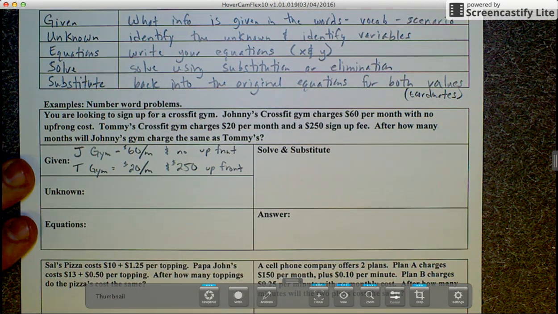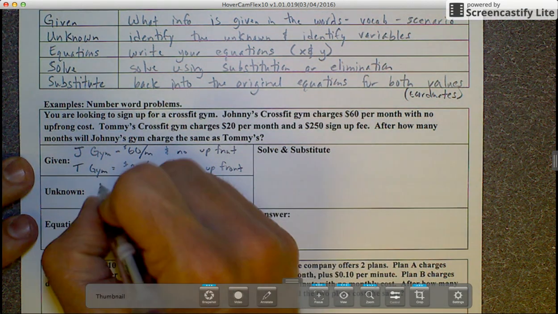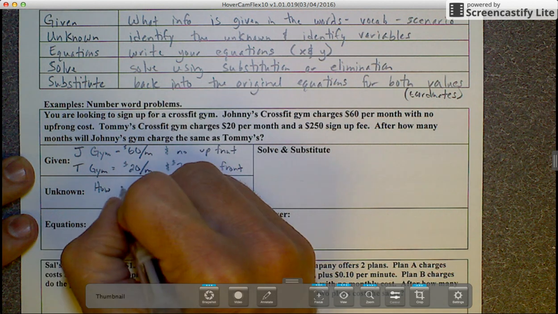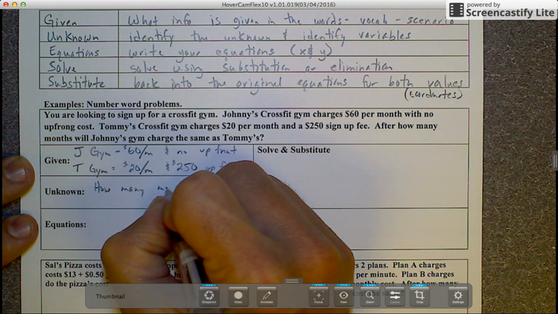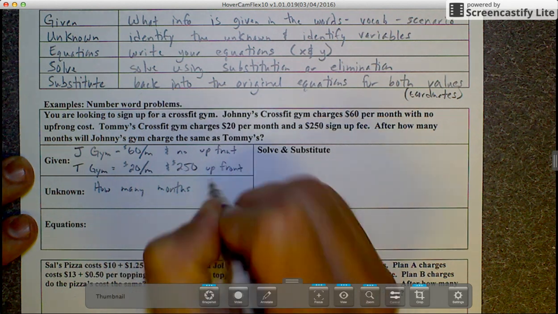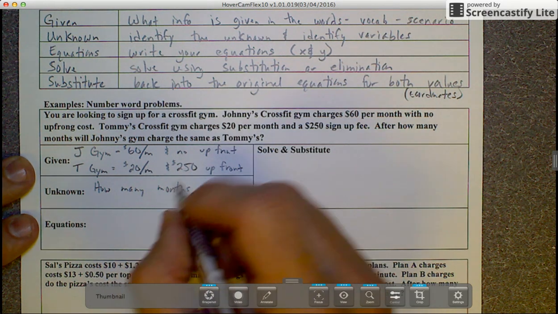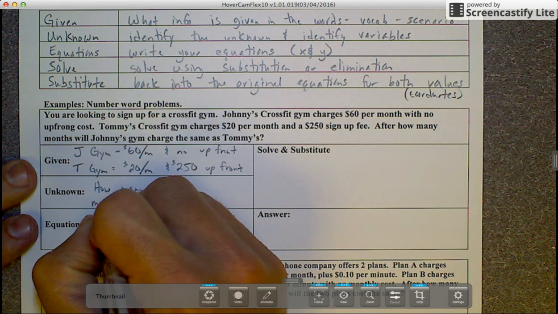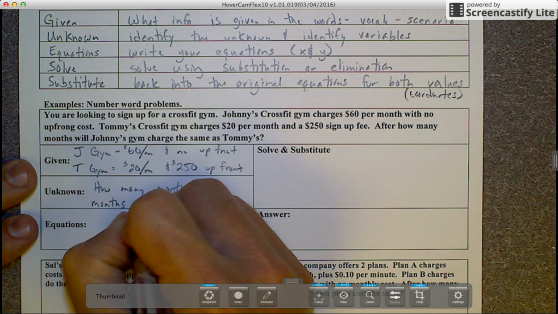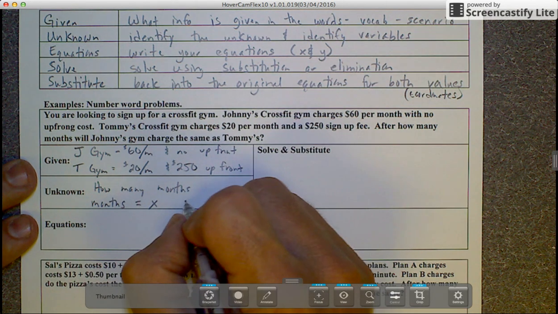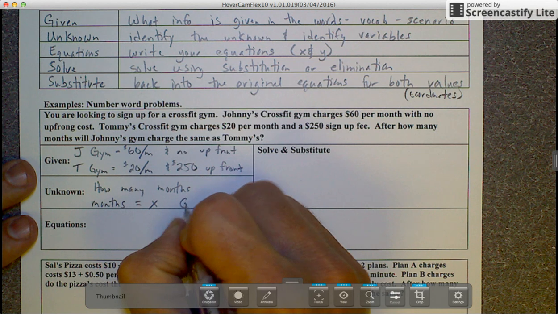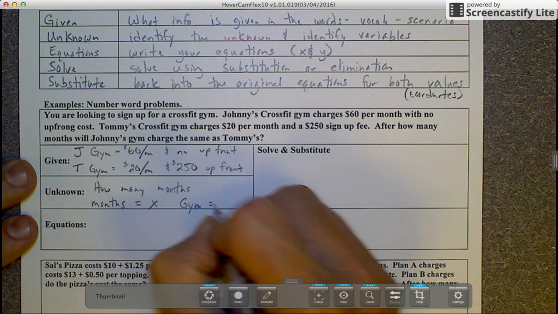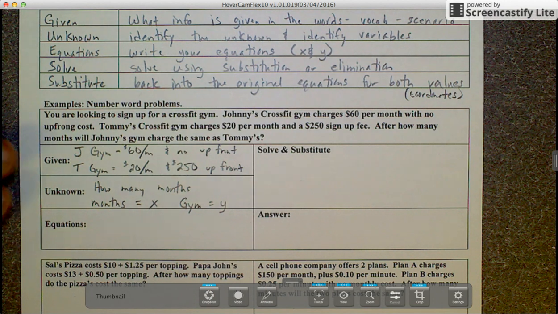So that's the information they give us. What's the unknown? How many months? Okay, so we're going to say that our months are our X value, and the gym name is the Y value.